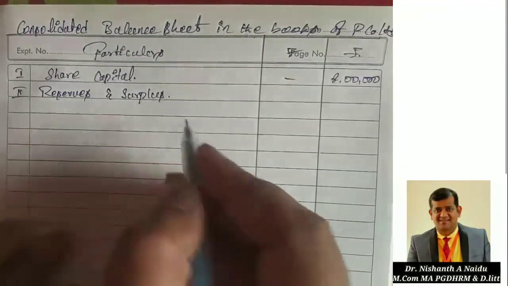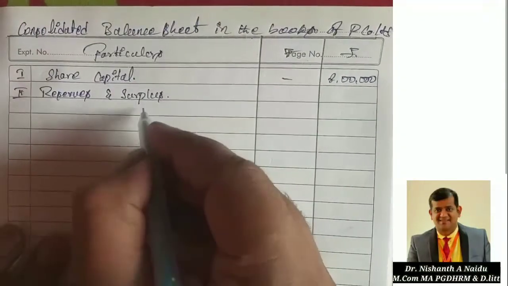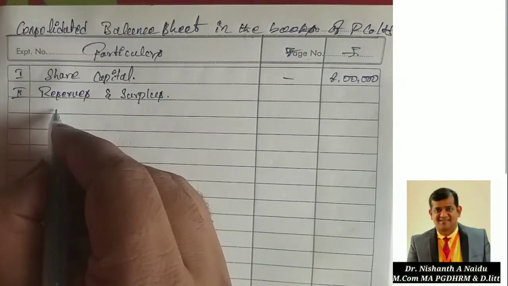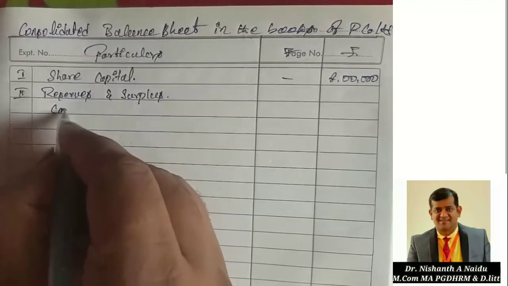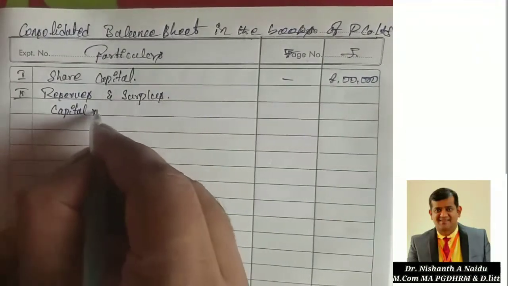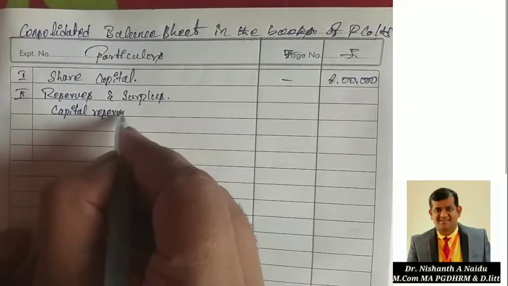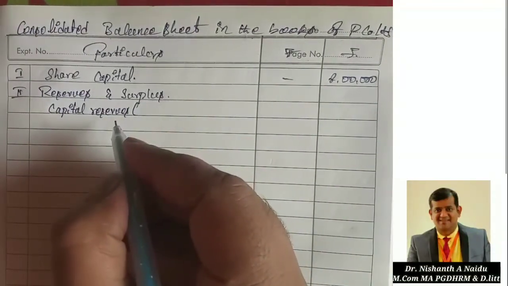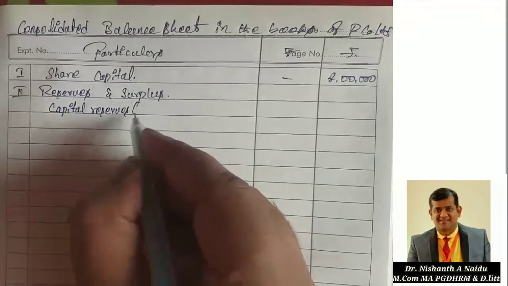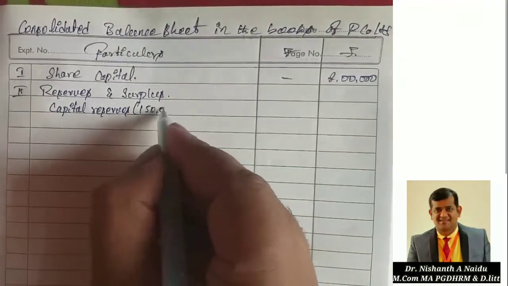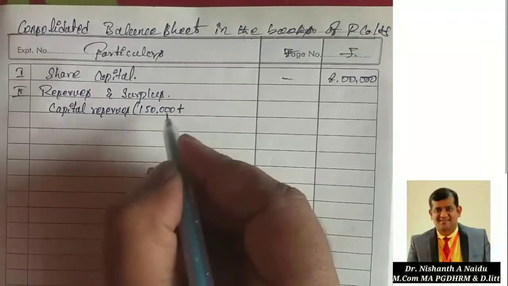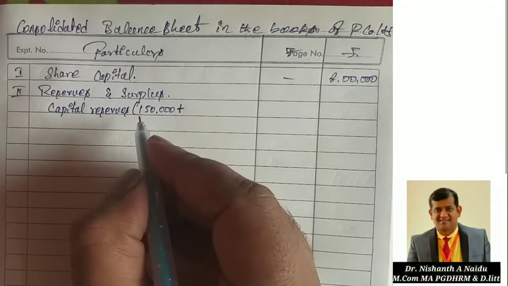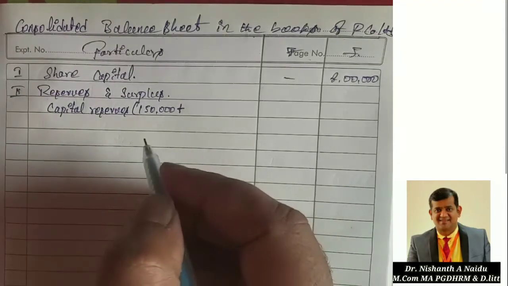So under reserves and surplus, first let us take capital reserves. So how much they have given capital reserves? 1,50,000 rupees for P Company Limited plus 1,50,000 plus in Q Company there is no any capital reserve, nil.